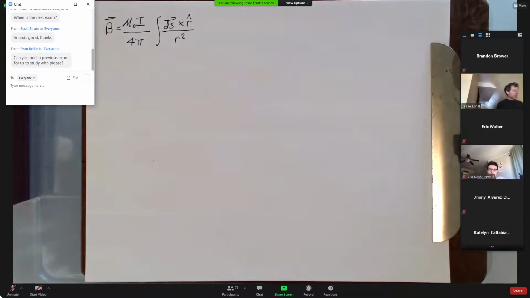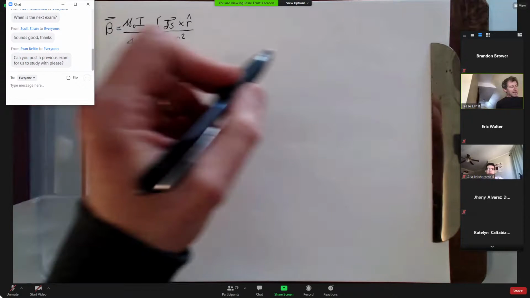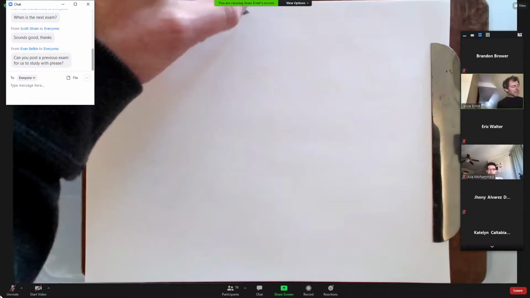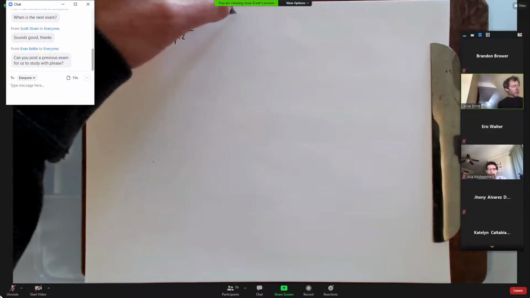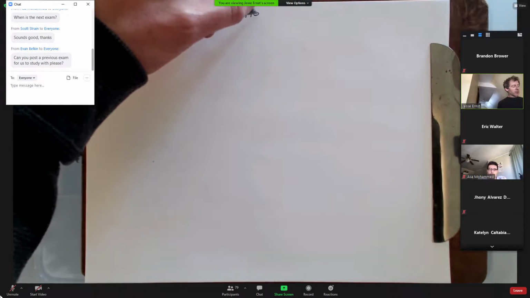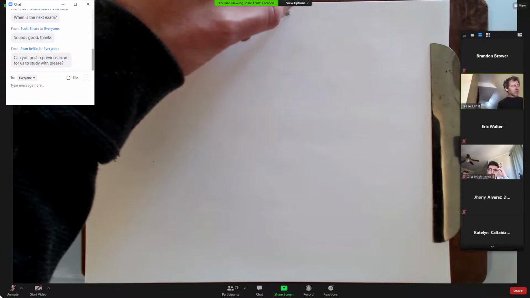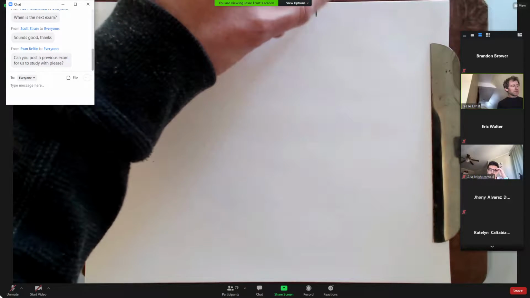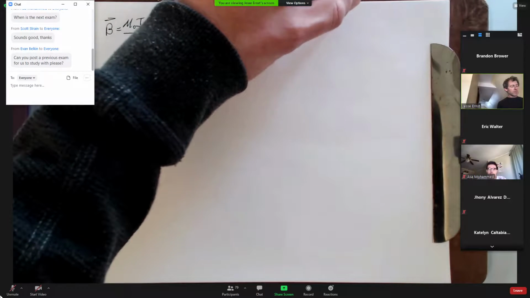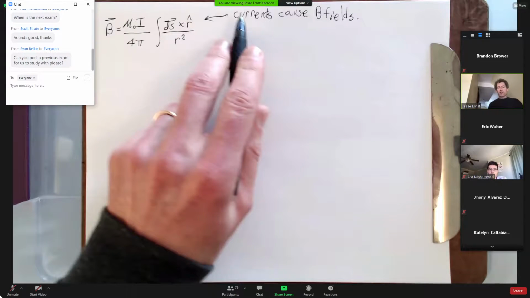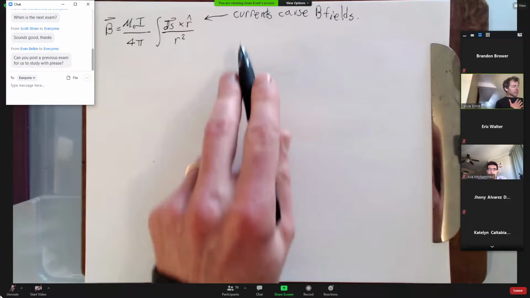This essentially is the encoded form of the phrase currents cause B fields. Electric charges cause electric fields. Electric currents cause B fields.